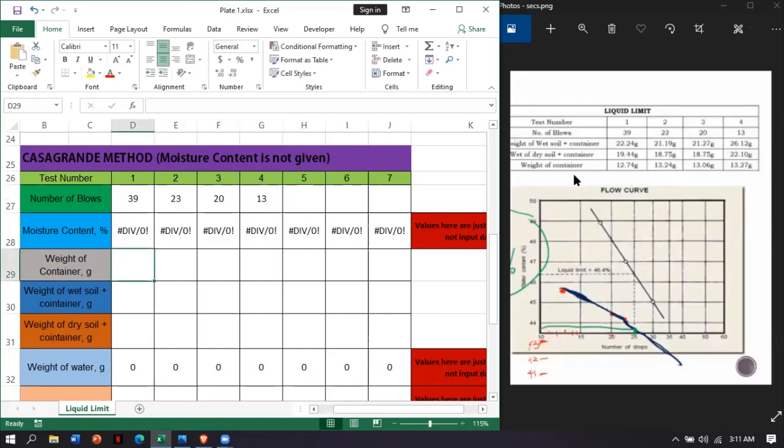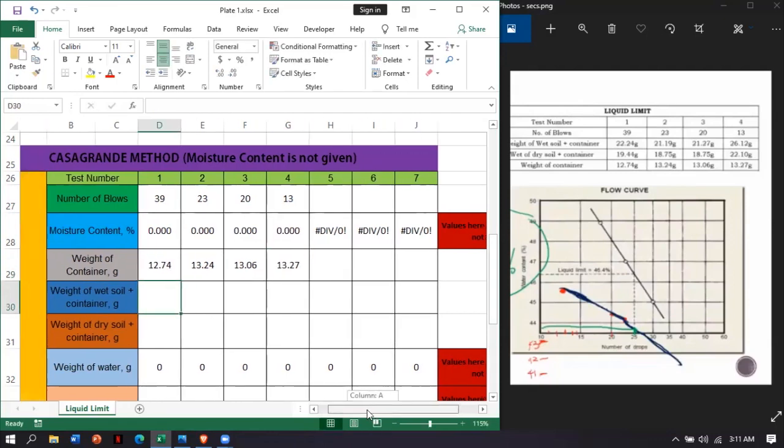For the weight of container, we have 12.74, 13.24, 13.06, and last is 13.27.